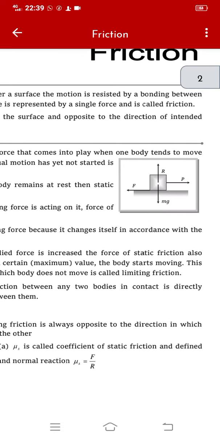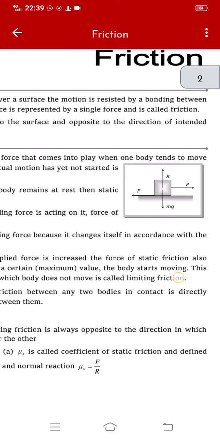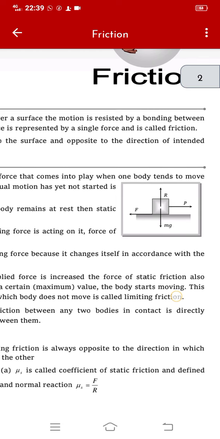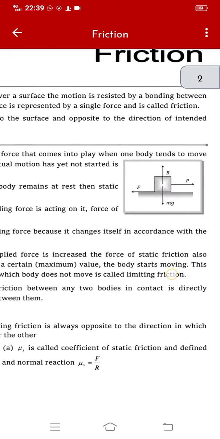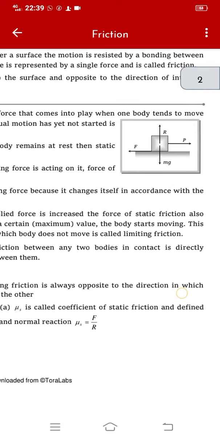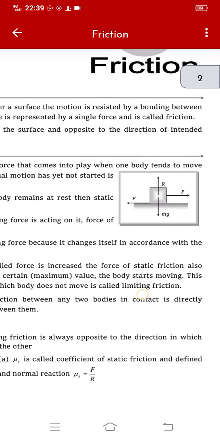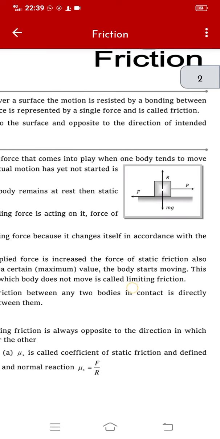The weight is balanced by the reaction force, which is equivalent to mg, and the object is still at rest. According to the first law of motion, every object will continue in its state of rest unless it is acted on by an external force. So this means the static friction.